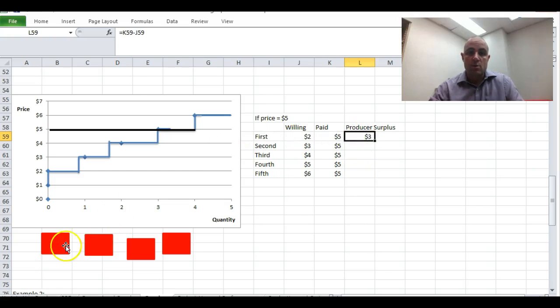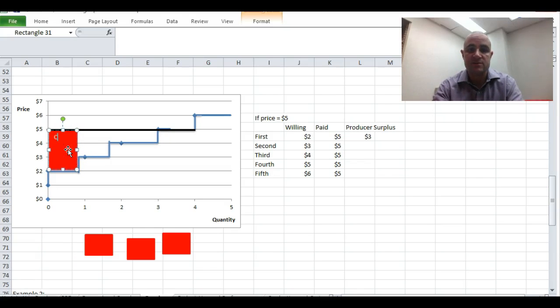All right. So when we look at that, we have the first one. It's willing to sell for $2, sold for $5, and so this is the producer surplus on the first unit. What about the second? The second was willing to sell for $3, sold for $5, so sold for $2 more than was willing to. So the producer surplus of the second is $2, which is here.